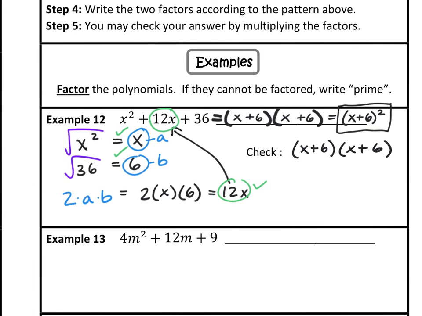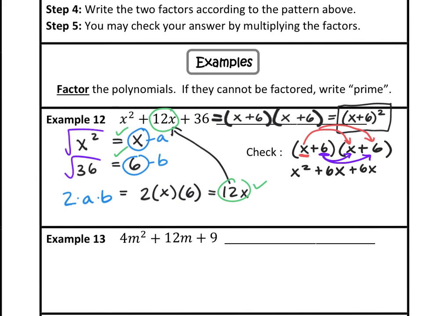So we're going to multiply x times x and x times 6. So what's x times x? That's x squared. What's x times 6? 6x. And then we're going to multiply 6 times x and 6 times 6. What's 6 times x? It's 6x, right?